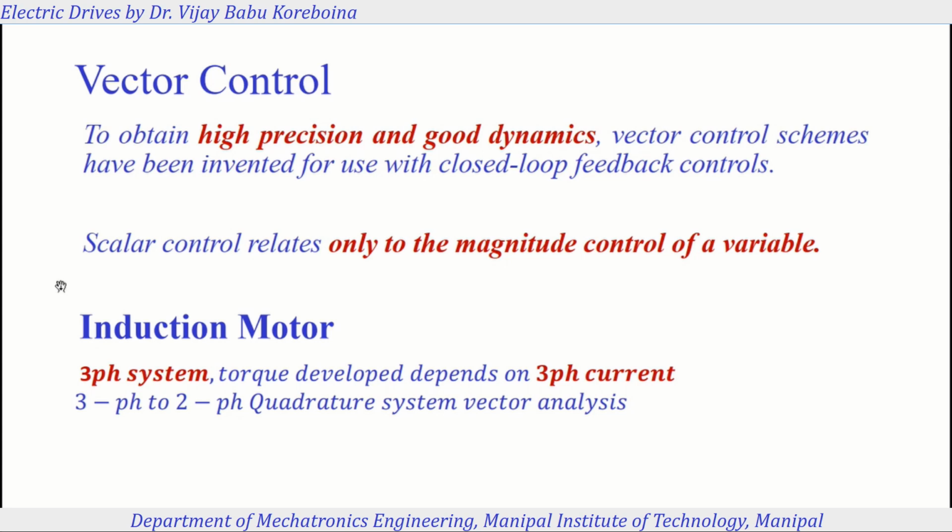So the torque production depends on a three-phase system, and it is very hard to analyze the torque relationship or the flux relationship using three-phase analysis. So we will do a small vector analysis. That's what we call vector control. For that, what we need is for the three-phase system to be transferred to a two-phase system.